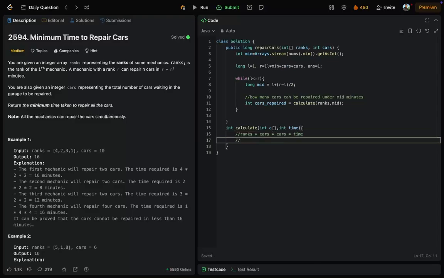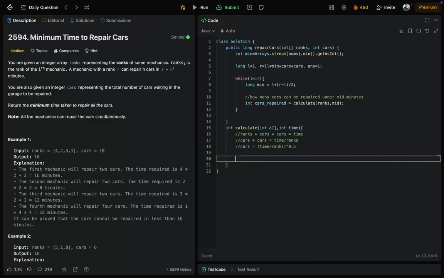Then it will be cars multiply cars is time divide ranks, and cars will be time divide ranks power 0.5, which means under root.